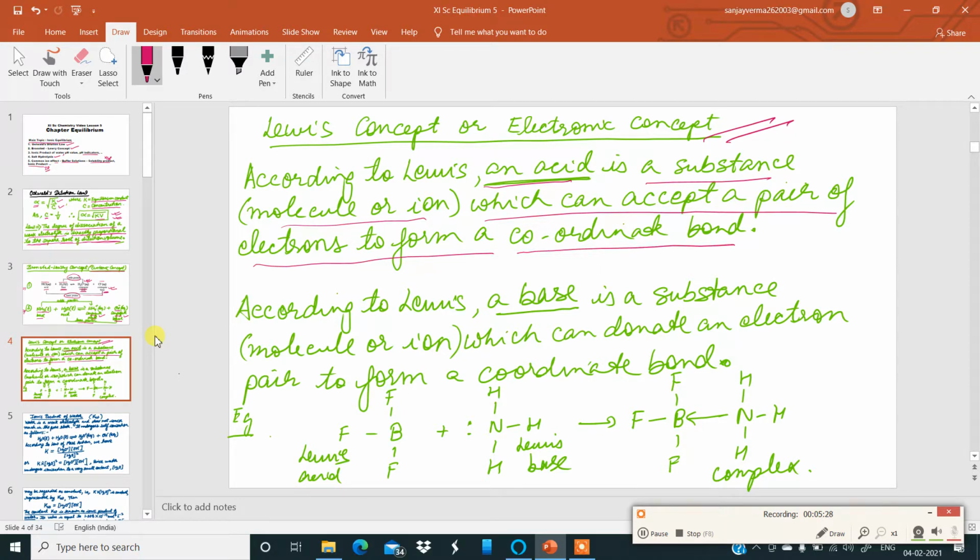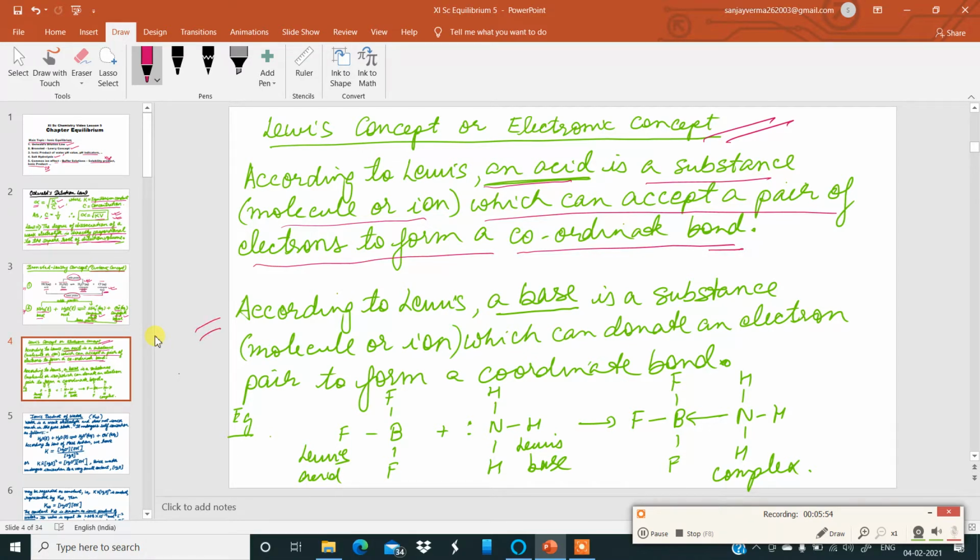It has drawbacks. The Lewis concept, or the electronic concept, has several drawbacks. It's not applicable to all chemical compounds which are either acids or bases. But here, it is important for us to remember the Lewis concept, according to which an acid is a substance, a molecule or an ion, which can accept a pair of electrons to form a coordinate bond.